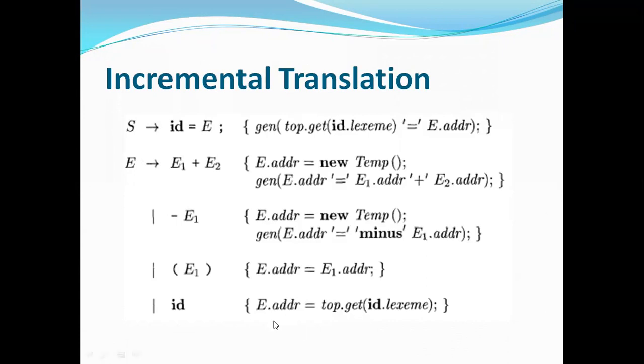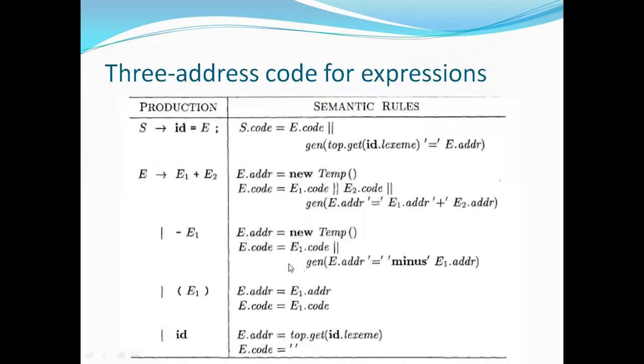e.address is used to hold the value of e, right? Is it clear now how to write the translation schemas in incremental translation? This is the way of writing translation schemas. If you understand the three address code for expressions, then without writing the attribute for the code, we directly write for the address attributes.